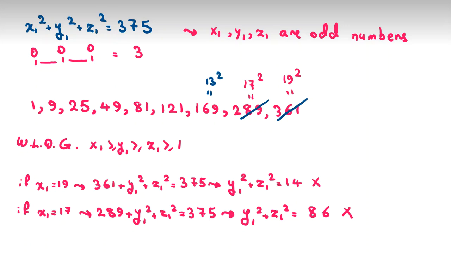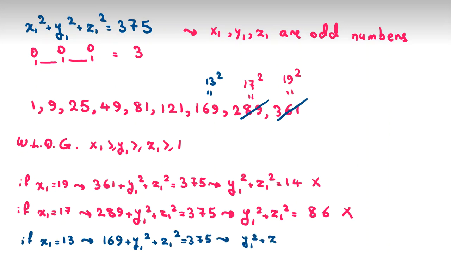So it is the last case we should check, if x1 equal to 13, x1 squared is 169. 169 plus y1 squared plus z1 squared equal to 375, and y1 squared plus z1 squared equals 375 minus 169.